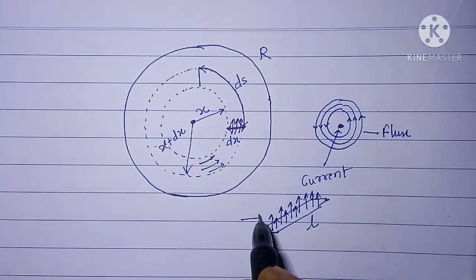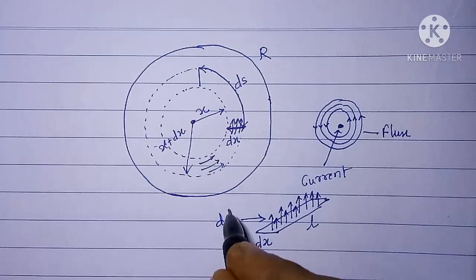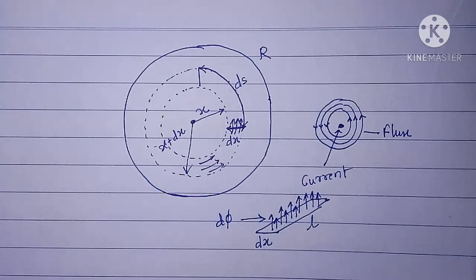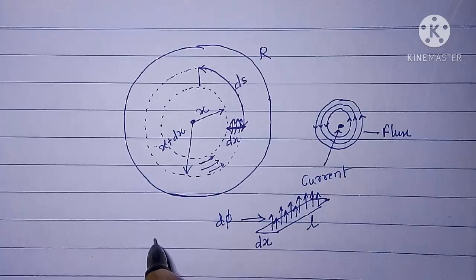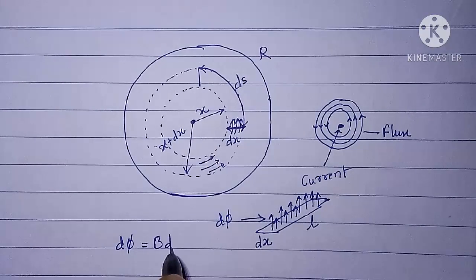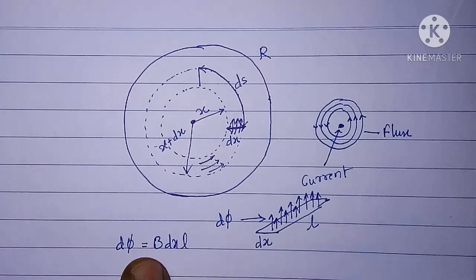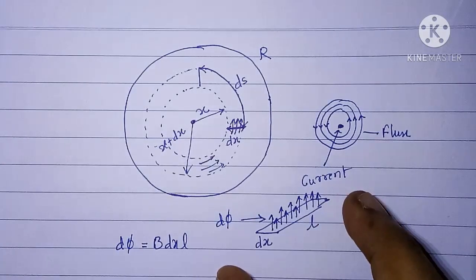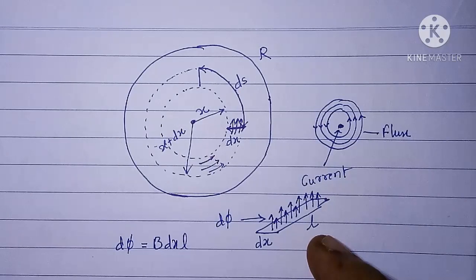If the flux passing through this strip is d phi, then for the given flux density B, d phi is equal to B into dx into L, because flux is calculated as flux density into area. Since it is a rectangular strip, dx into L is the area of the strip.